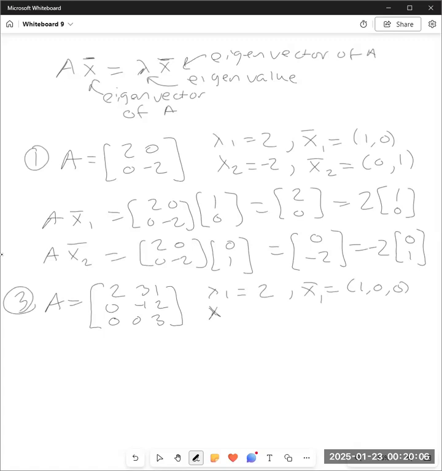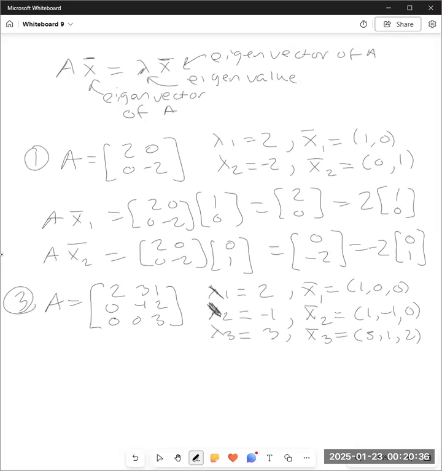Lambda 2 is equal to -1, and that makes the second eigenvector 1, -1, 0, and lambda 3 is 3, making the third eigenvector 5, 1, 2.